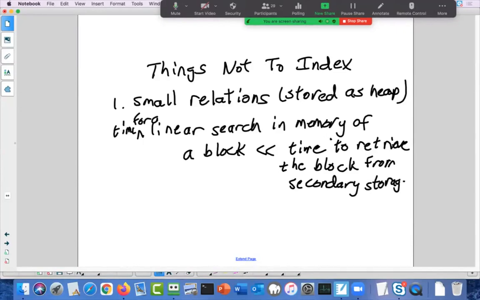So we're more than happy to do a linear search in memory of a block. So we don't index small relations like the branch relation in the property leasing case study. We would probably not index any of its attributes. It's just not worth it. Okay, and attributes that are frequently updated.